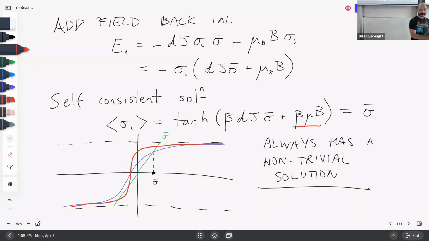That's how I meant to draw it. Here I've got a situation where I've got 1, 2, no, sorry, 1, 2, 3 solutions. Yeah, red and the green cross 3 times. 1, 2, 3. Which is the correct solution?